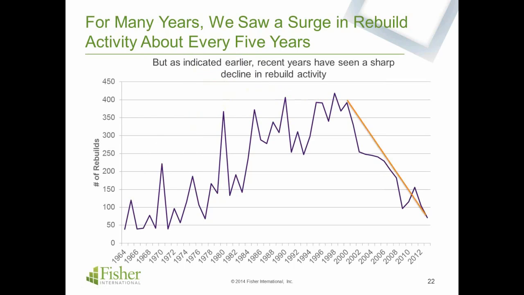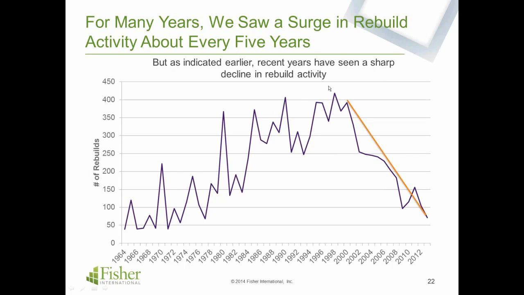But as we talked about earlier, in recent years we've seen this real sharp decline. I mean, the level of rebuilds just fell off the cliff beginning around 2000 or so. So if we go back and we think about these peaks that were in existence for a number of years, we probably could have drawn a fairly accurate forecast of the next peak by just saying, well, this cycle seems to be pretty regular.